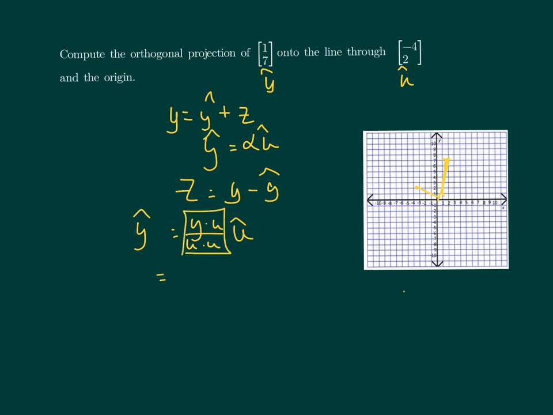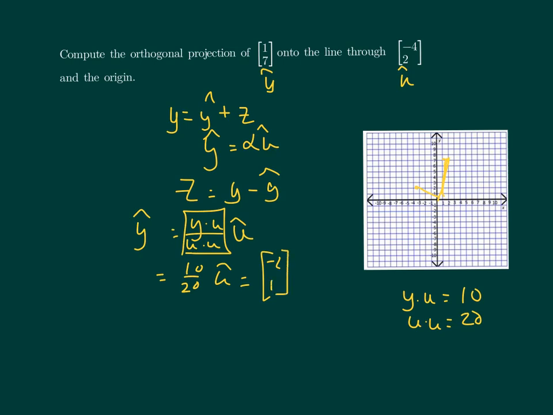Well, we know that y dot u, that inner product, is equal to negative 4 plus 14, we get 10, and u dot u would be 16 plus 4, that's 20. So this coefficient is 10 over 20, or 1/2, times u, and 1/2 times u would be (-2, 1).